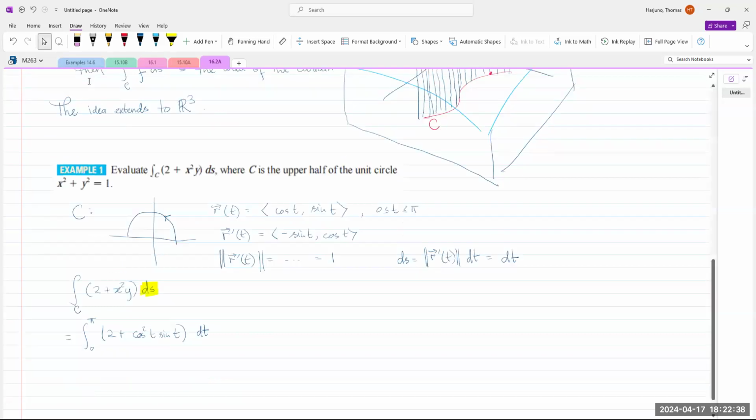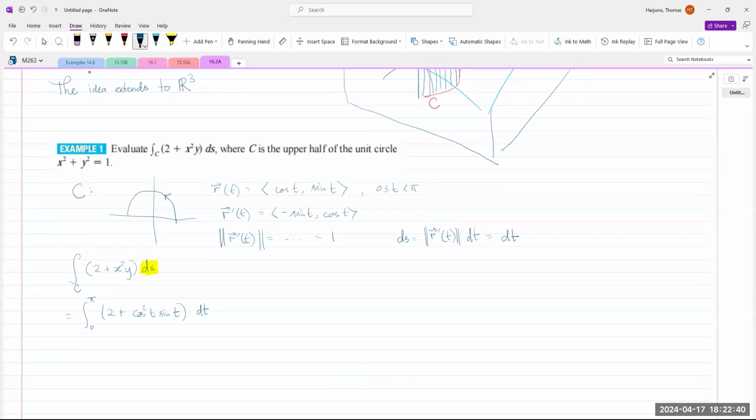Now, how to compute this? It really goes back to your Calc 1 or Calc 2. So this is the integral from 0 to pi of 2 dt, which is twice the length of the interval, plus the integral from 0 to pi of cosine squared t sine t dt. The first term is easy, that's 2 pi. For the second term, I need a u substitution: u equals cosine t, so du equals negative sine t dt.